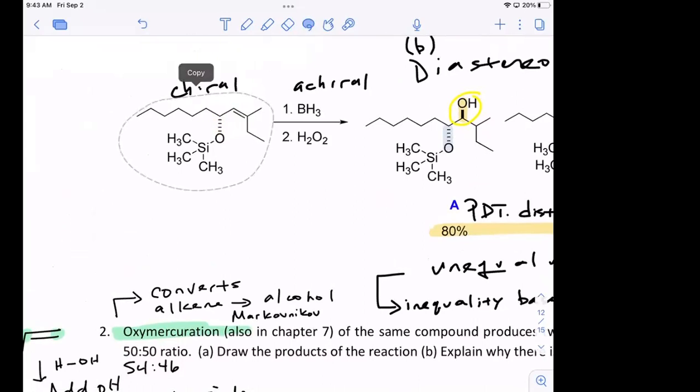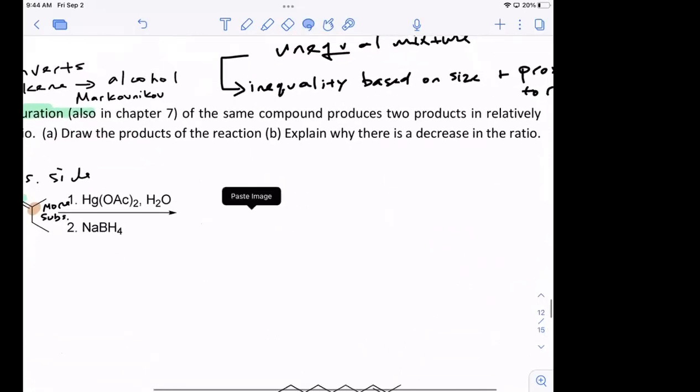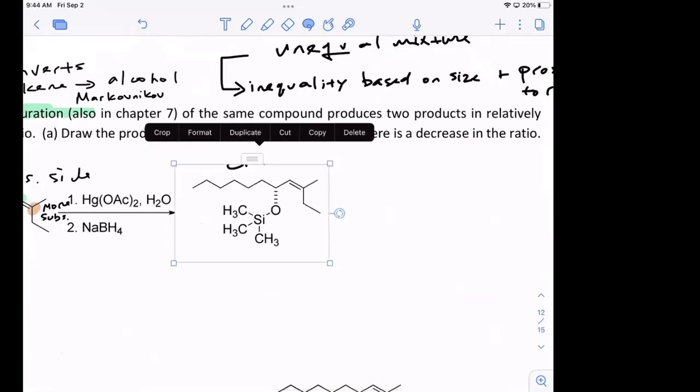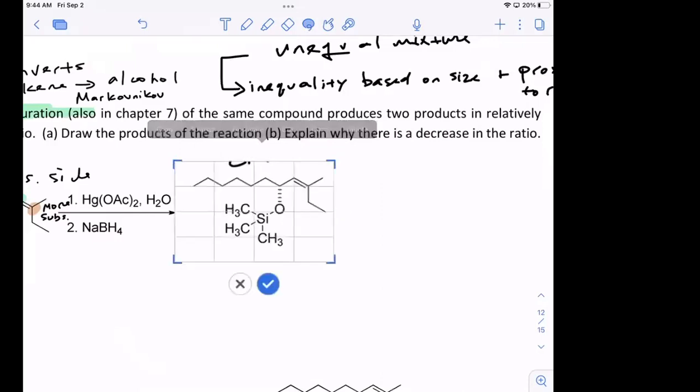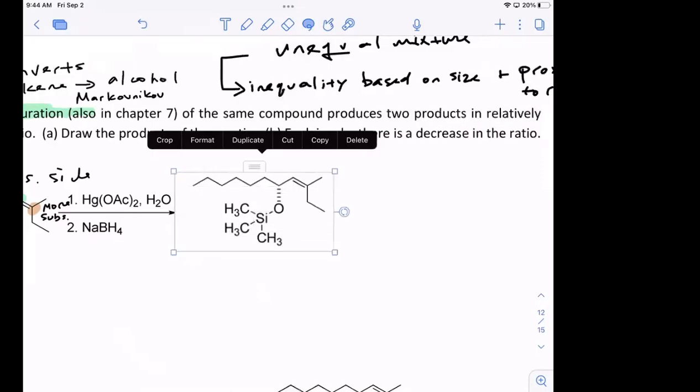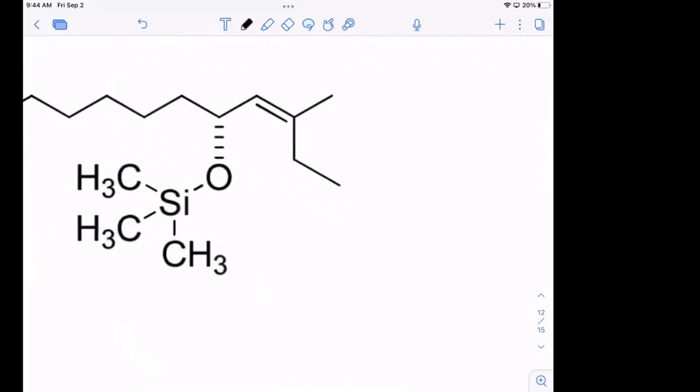So you said the right side, the most substituted side, the side that's highlighted in orange, right? All right, good. You're 100% correct. Let me just crop this, and then I need to do a magic trick right quick.